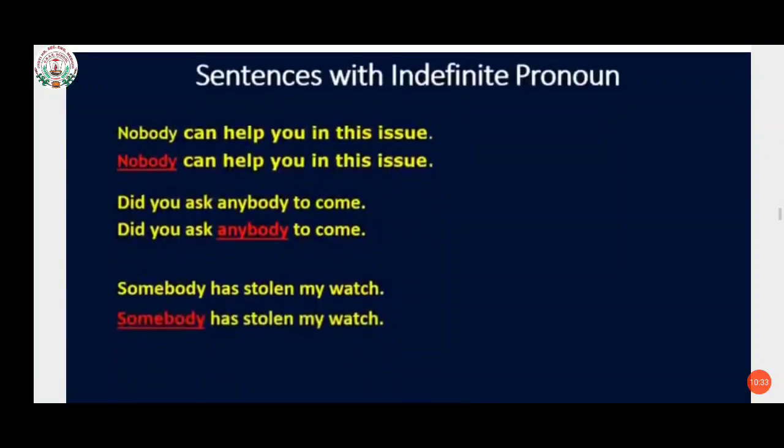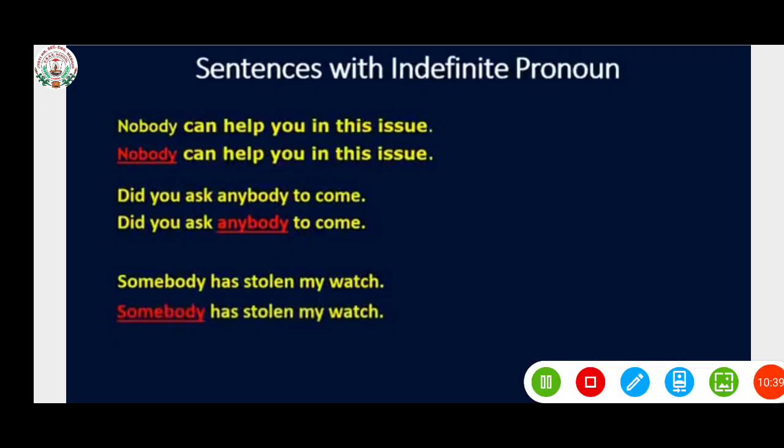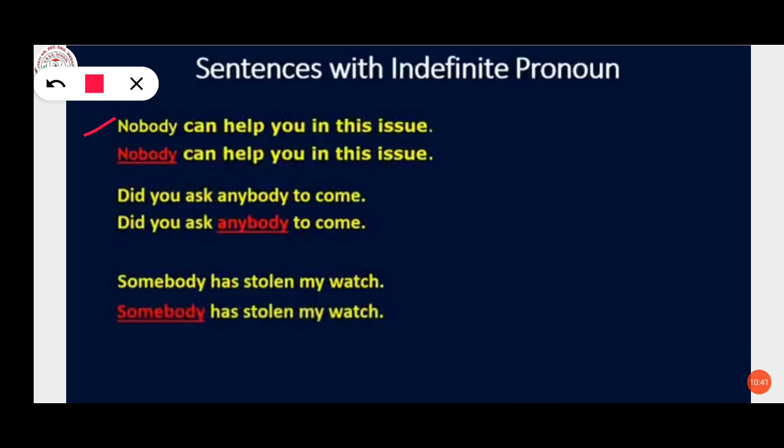Now see the sentences with indefinite pronouns. The first one is, nobody can help you in this issue. The words we can use here are one, some, none, few, others, all and many. All these are called indefinite pronouns.